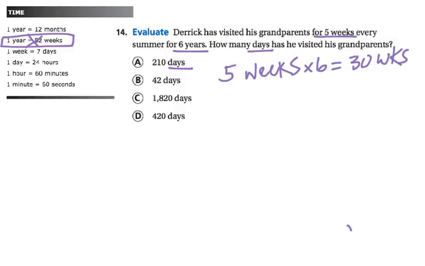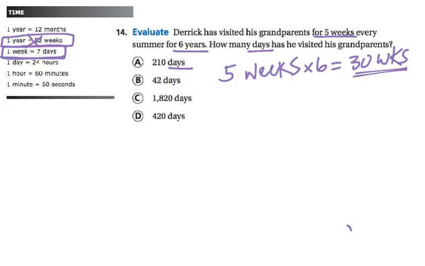But now I need to figure out how many days are in those 30 weeks. Let's see, weeks and days. Oh, look. This one I will need, because 1 week equals 7 days.